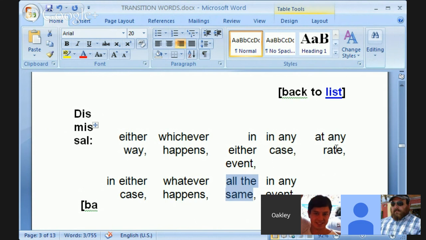Ann, you want to try this one? I will go with you to travel, whatever happens. Whatever happens, I will travel with you. In this case, the factors are unstated, but we can imagine: whether I lose my job, whether it rains, whether I get sick.